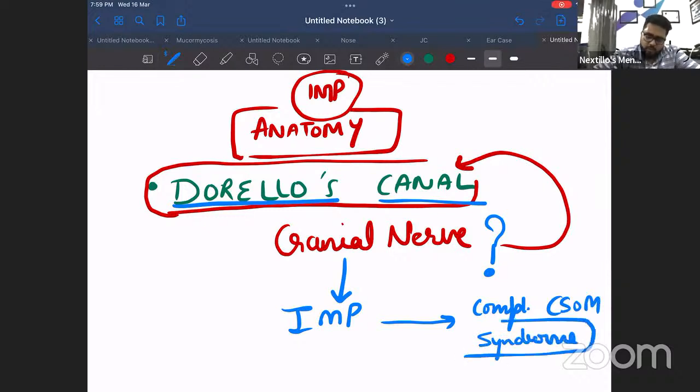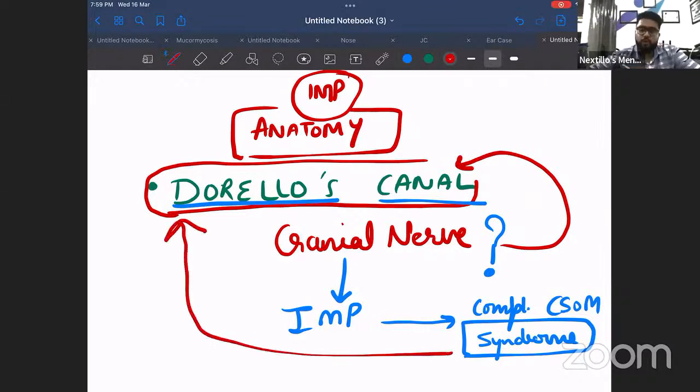So we read syndromes, we read the symptoms, we know that there will be three things. Now, why those three things? The answer to that is the anatomy, and that anatomy lies here in the Dorello's canal. So I just want you people to answer which cranial nerve lies in the Dorello's canal.